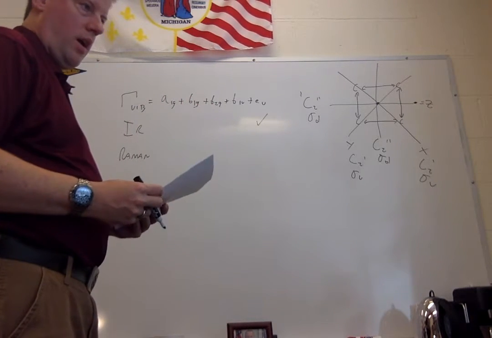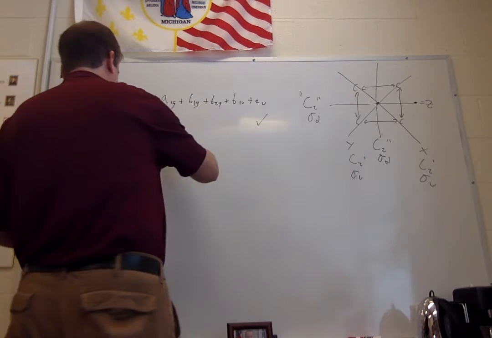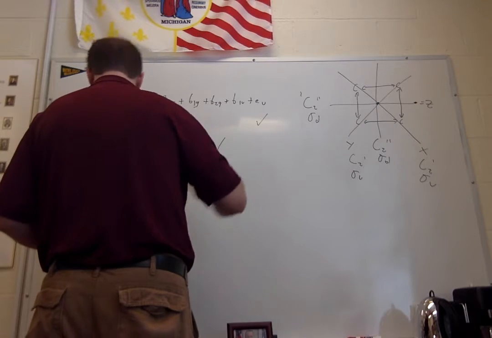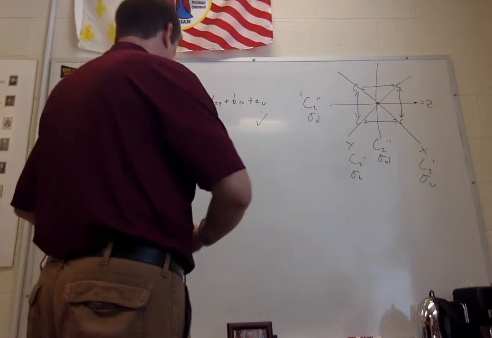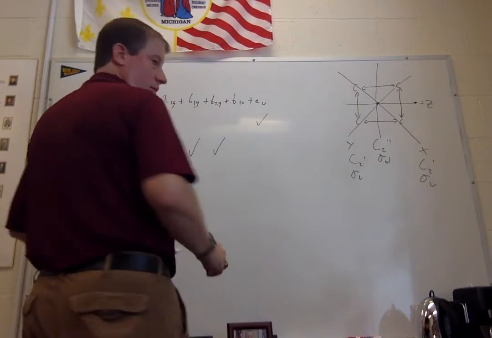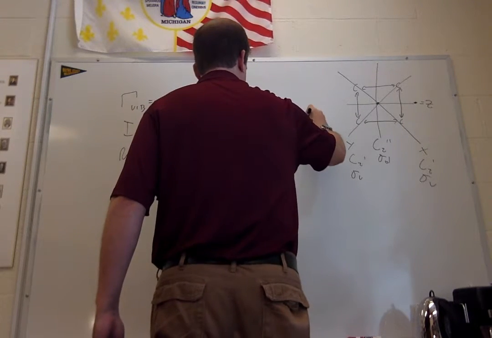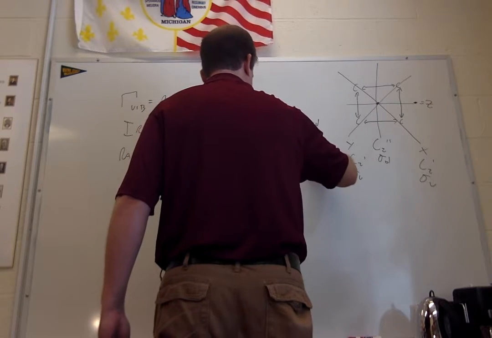However, in set 2, wherever I see an X, a Y, or a Z, I see that it's A1G, B1G, and B2G. And so what I would see for the stretching, bending, and wagging of this is 1 band in the IR and 3 bands in the Raman.